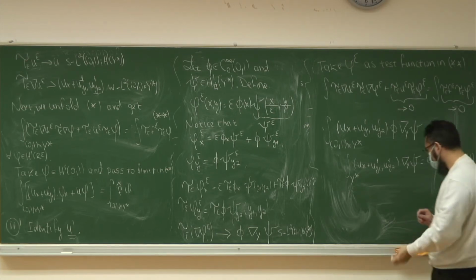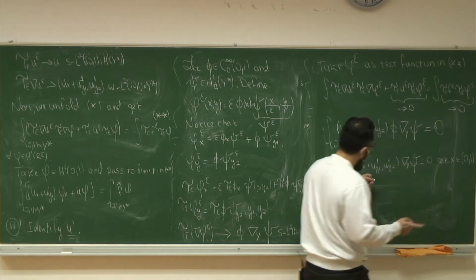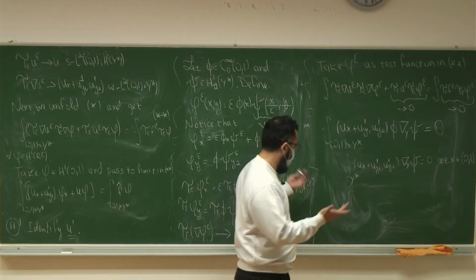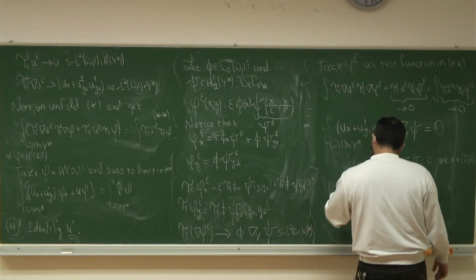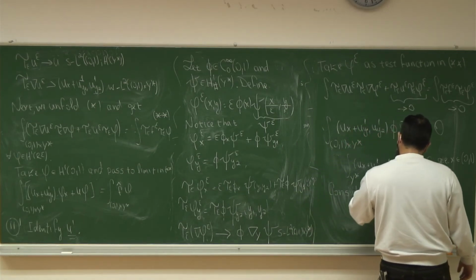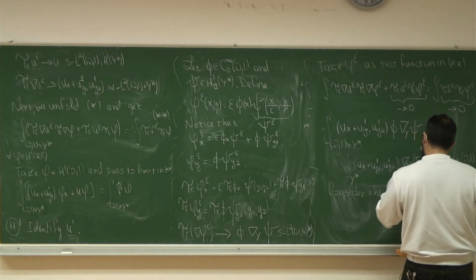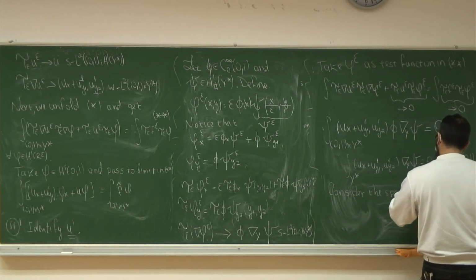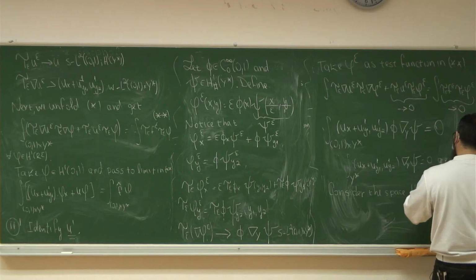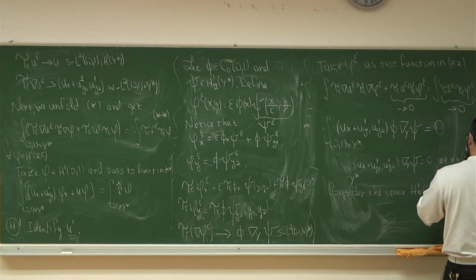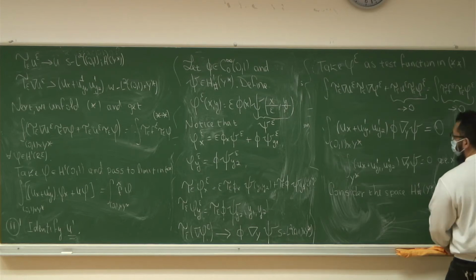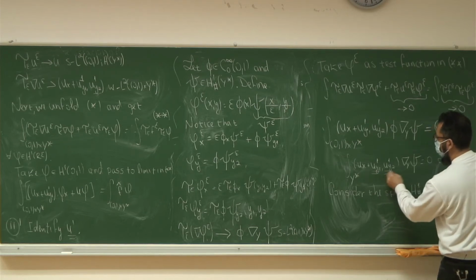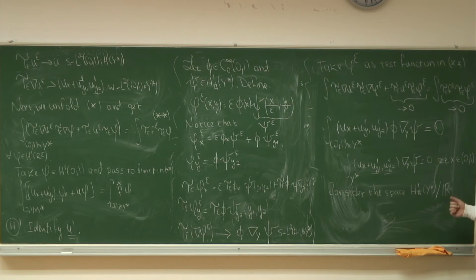So, in order to see that this has a unique solution, we have to consider the quotient space H1 over R. Why? Because we want to determine a unique U1 function that satisfies this.